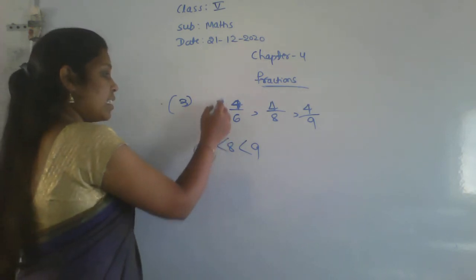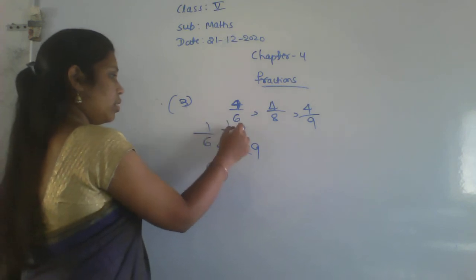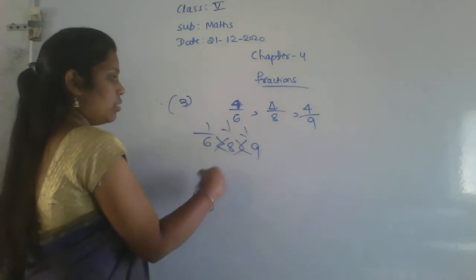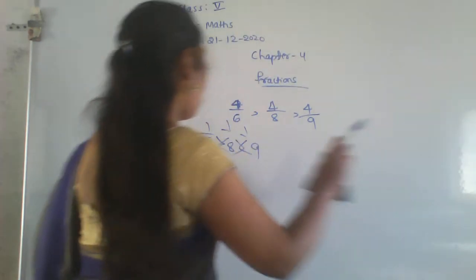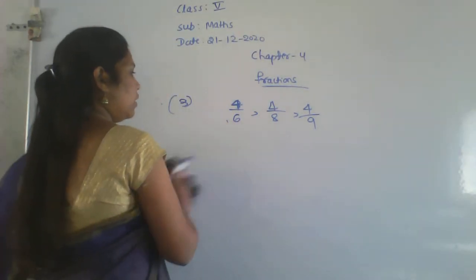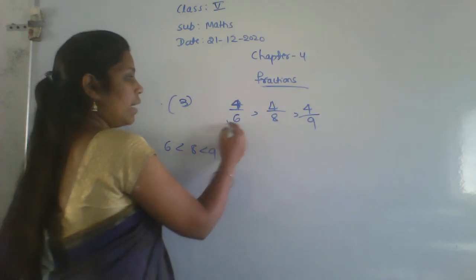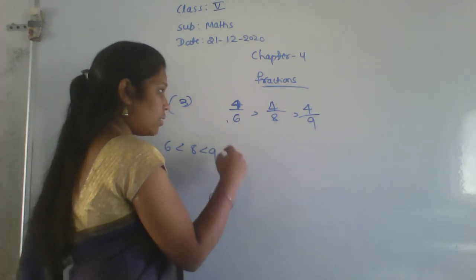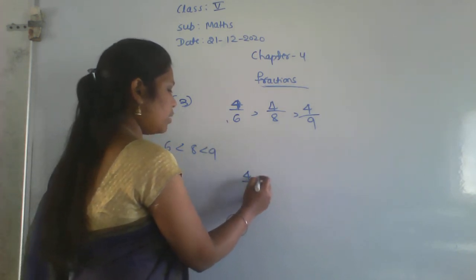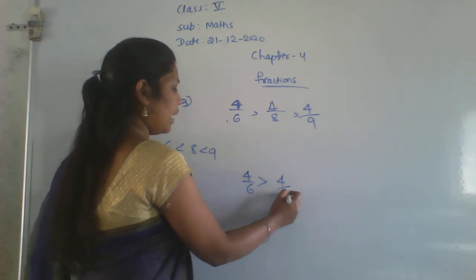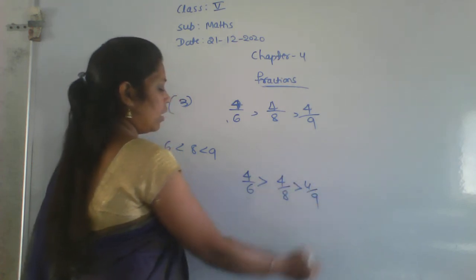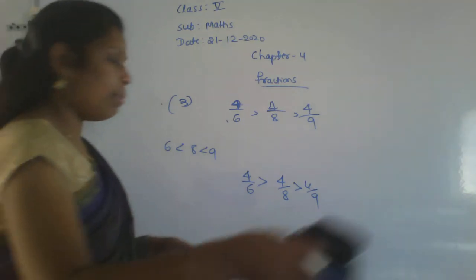When we take the reciprocal of these numbers, the sign will change. Okay, so here 6, 8, 9 are all in the denominator, right? So for that the sign will change here. That means 4 by 6 is greater than 4 by 8, and 4 by 8 is greater than 4 by 9. Like this it will happen here.